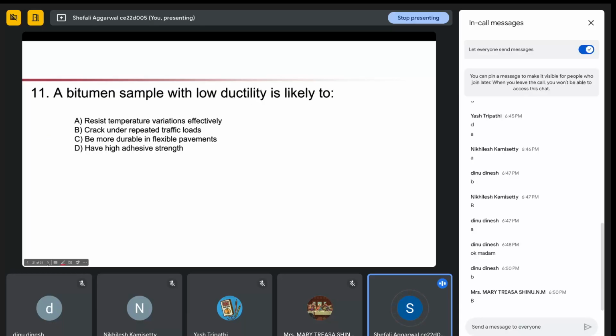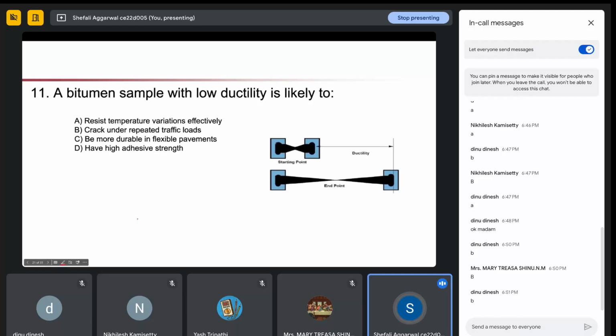Okay. So the 11th question is, a bitumen sample with low ductility is likely to resist temperature variation effectively, crack under repeated traffic loads, be more durable in flexible pavement, or have high adhesive strength. So we talked about the ductility test.